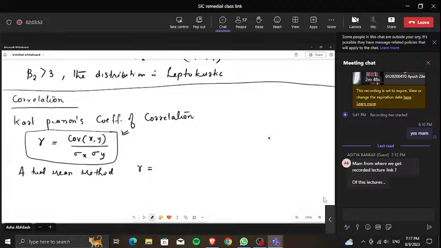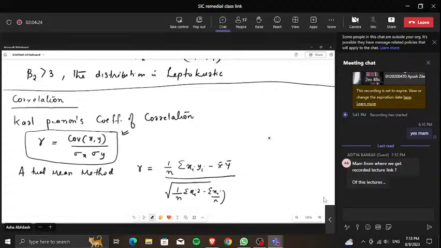So covariance of xy, if it is the actual mean method, the formula is 1 by n into summation of xi yi minus x bar y bar. This is the formula for finding the covariance, divided by sigma x and sigma y, the formulas for which you know already. Sigma x is the root of 1 by n summation xi square minus summation xi by n whole square.